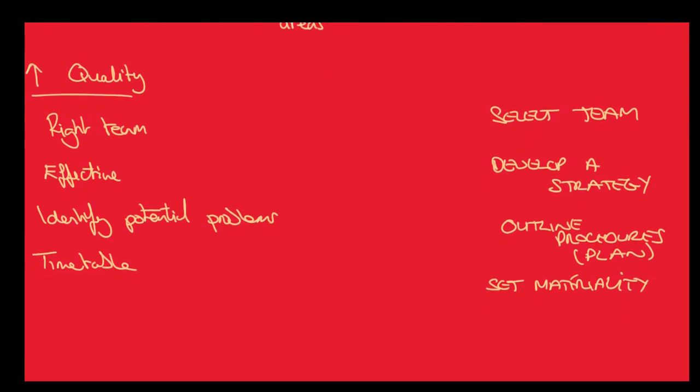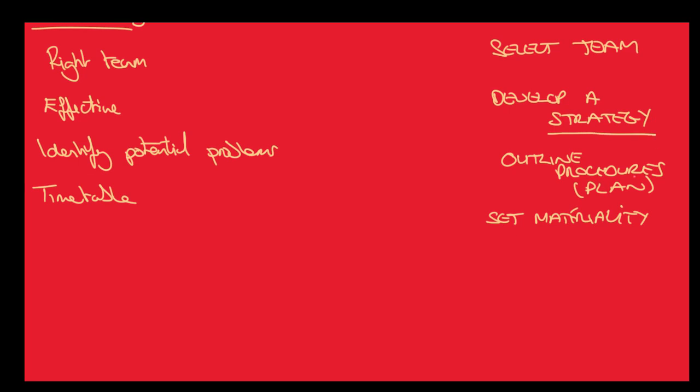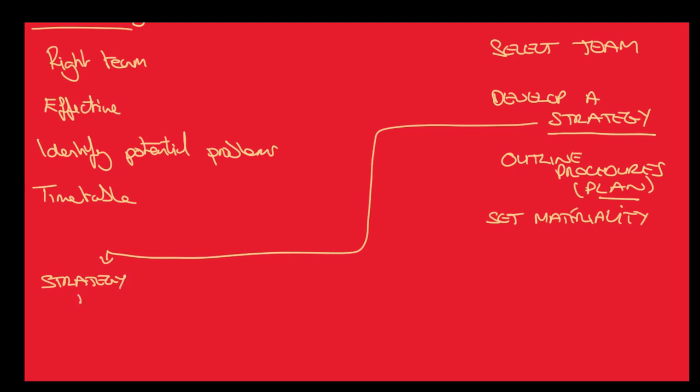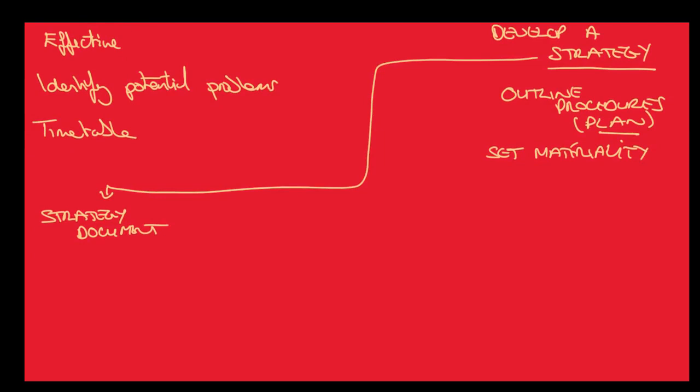Now I want to go into a bit more detail though about the difference between a strategy and a plan. It's okay saying develop a strategy or outline procedures, but how do you actually do those? Okay, so let me help you out then. So first of all, we will probably create a strategy document. Okay, and in that strategy document, we will have things to do with understanding the entity, understanding our client.